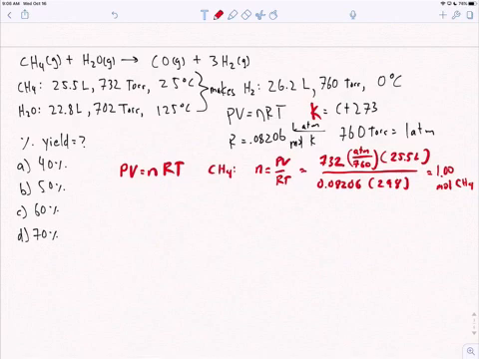So looking at this, is methane, CH4, the limiting reagent? No, it's not. Why not? Water has lower volume, lower pressure, and higher temperature. Comparing that using PV equals nRT, n is the moles, so it is directly proportional to pressure and volume and inversely proportional to temperature.